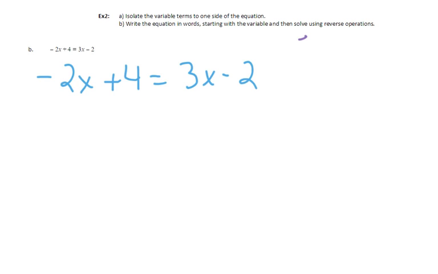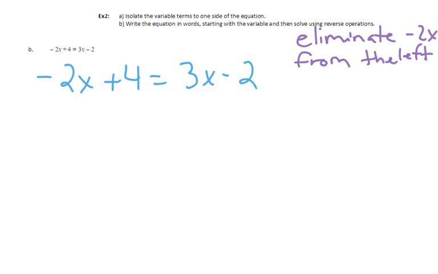And over here I'll say eliminate negative 2x from the left side, and that means that we will add 2x. So we will do the opposite. So if I add 2x to the left side, I must add 2x to the right side, and I'm kind of running out of room there.